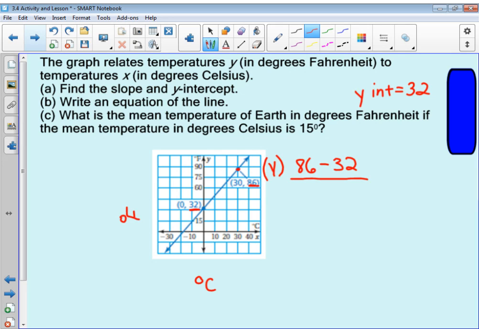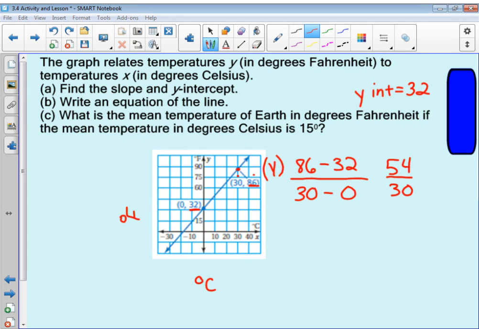Remember, this is going back to chapter 1 or 2, working with slope. And since I did the 86 first, I have to do the 30 first in my second one, minus 0. So if I do 86 minus 32, it's going to give us 54 over 30.